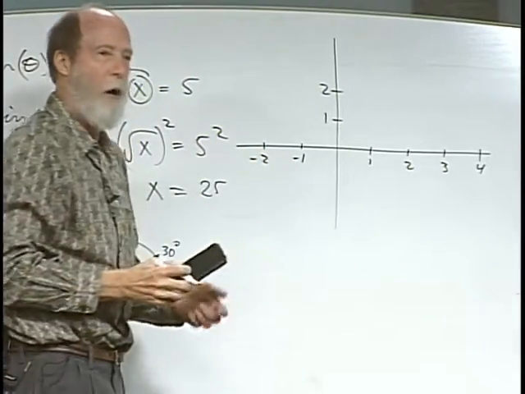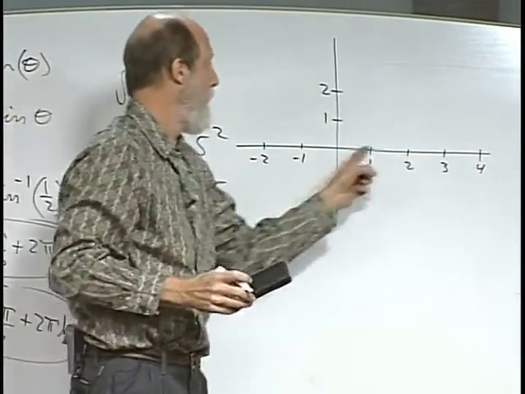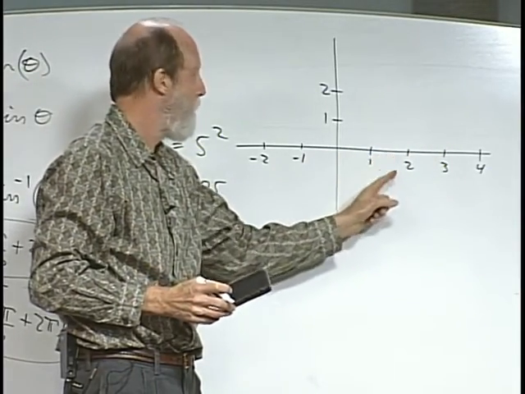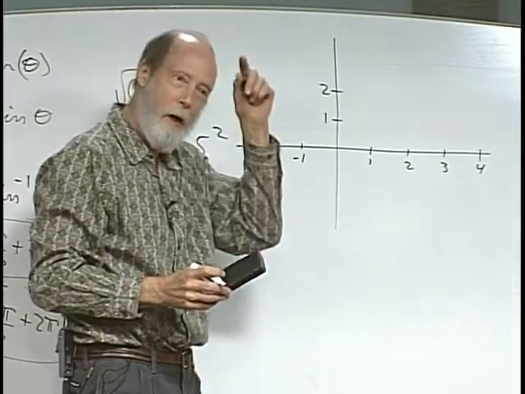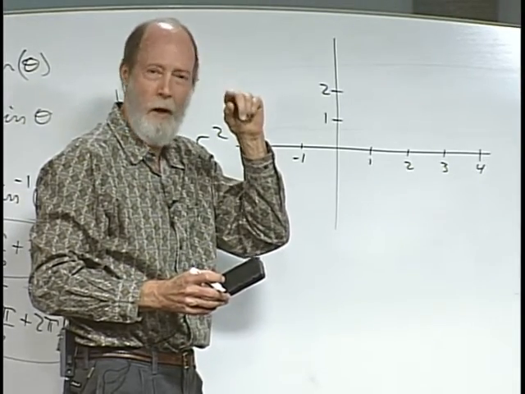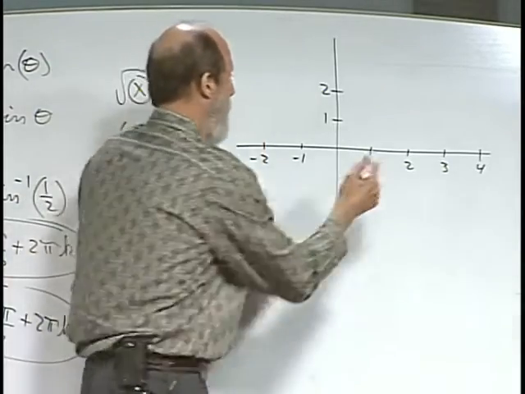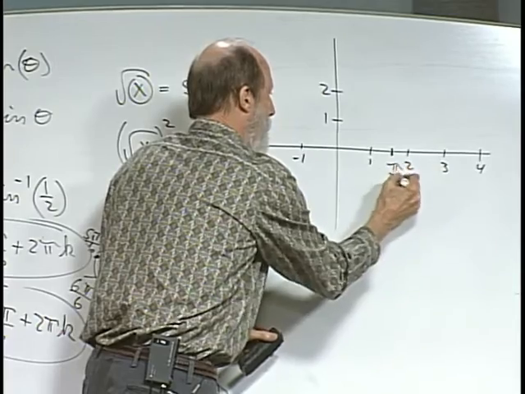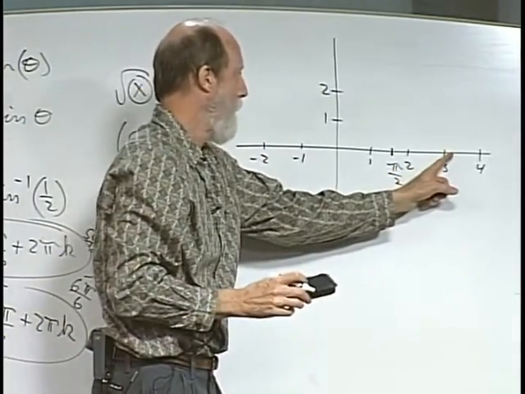Where would pi over 2 be in the domain here on a sine graph? Pi divided by 2 is a little more than 1.5, isn't it? So I'm going to eyeball it right here. And you know that pi is right over here.